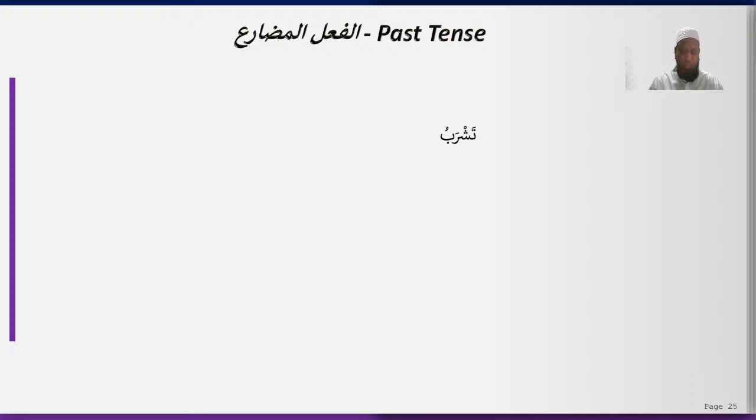Tashrabu. Now this siga, by looking at it, what siga do you think? This form can be one of the two. It can be muannas ghaiba, third person muannas, or could be second person mudhakkar, anta. Right?